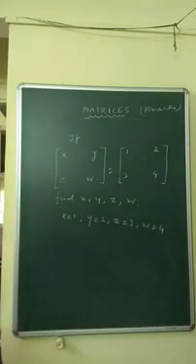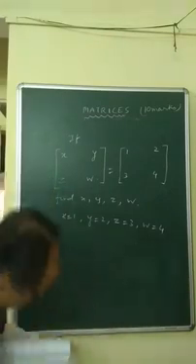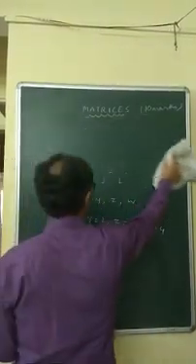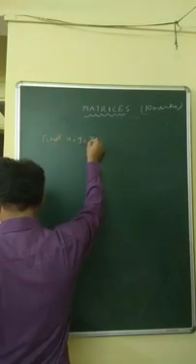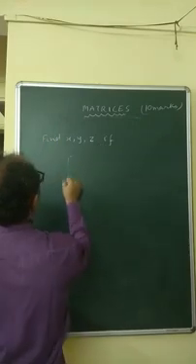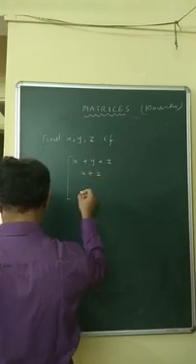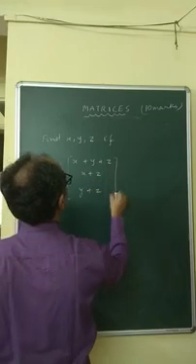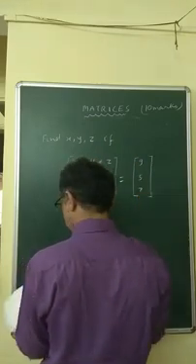Now we consider one more example. Find X, Y, Z if [X plus Y plus Z; X plus Z; Y plus Z] equals [9; 5; 7].